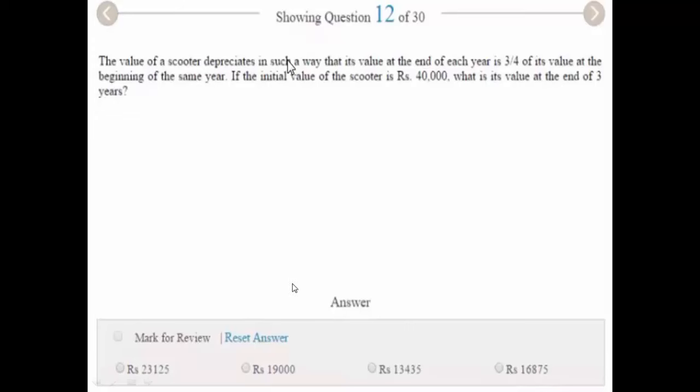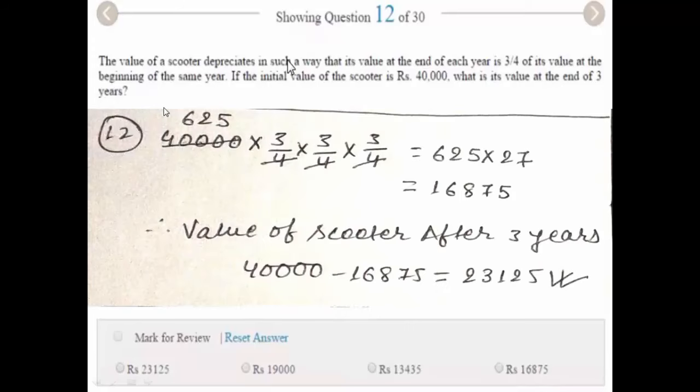Next one: the value of a scooter depreciates in such a way that its value at the end of each year is 3/4 of its value at the beginning of the same year. If the initial value of the scooter is 14,000, what is the value at the end of 3 years? Okay, this is the solution.